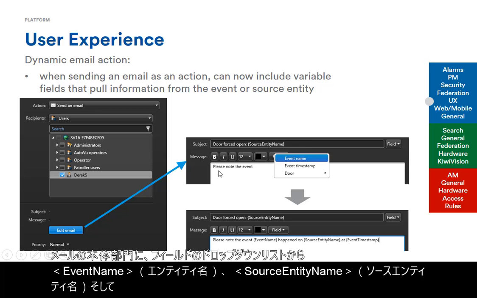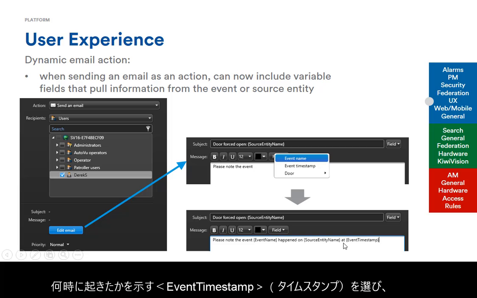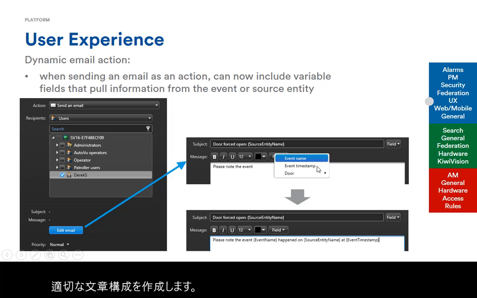And then in the body of the email, I wrote, please note the event, clicked on field, chose the event name, and then it gives you that little variable here. So event name happened on, and then I chose the source entity name at, and I chose my event timestamp.